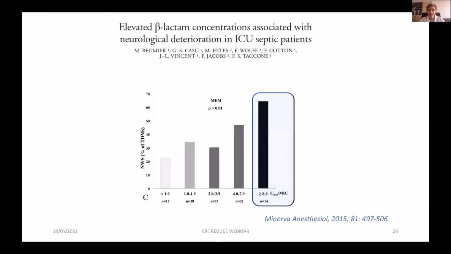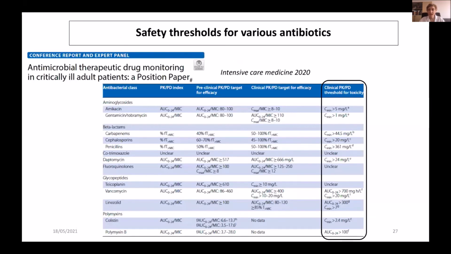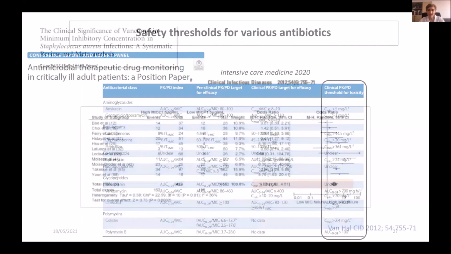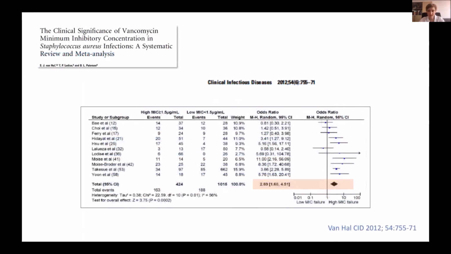So these are safety and toxicity thresholds, and you can refer to this really nice paper in Intensive Care Medicine to look at them. Of course, this is a cutoff, and you may experience some toxicity above or below this threshold, but it's a guide to use for therapeutic drug monitoring in these patients.